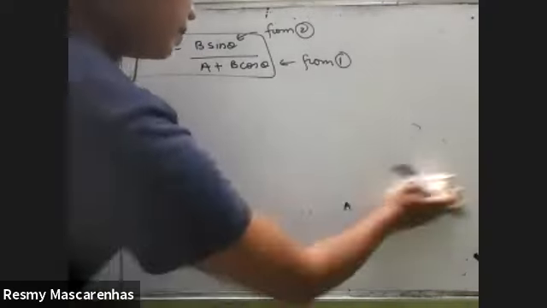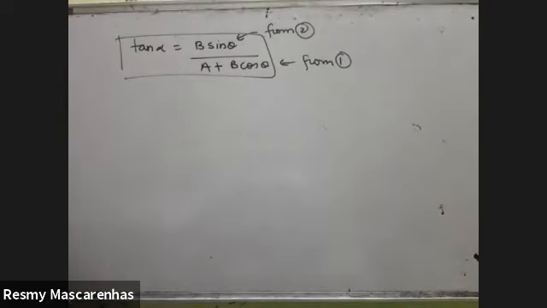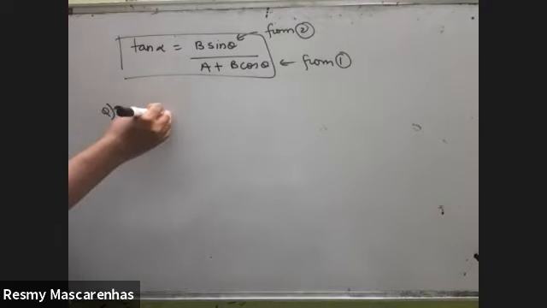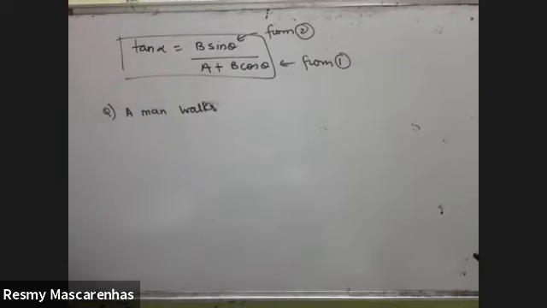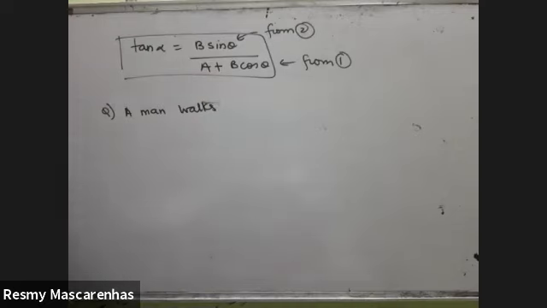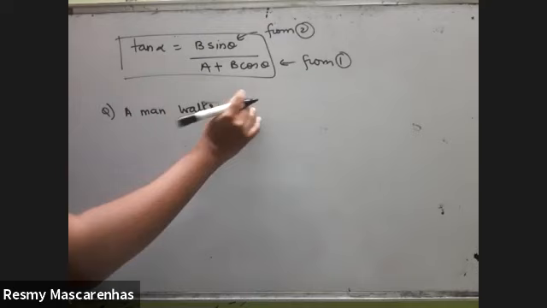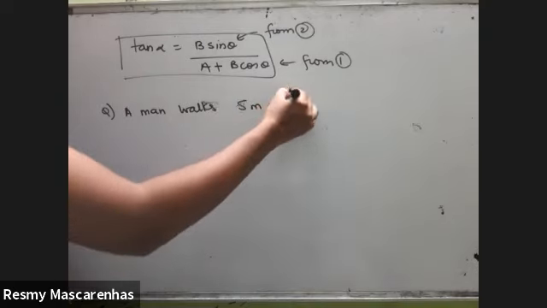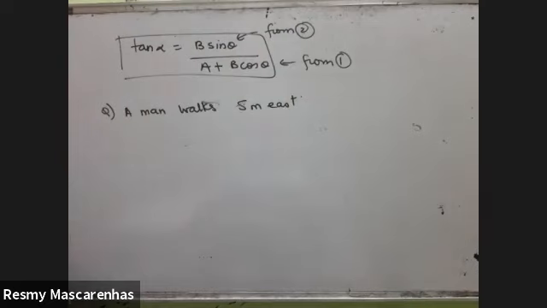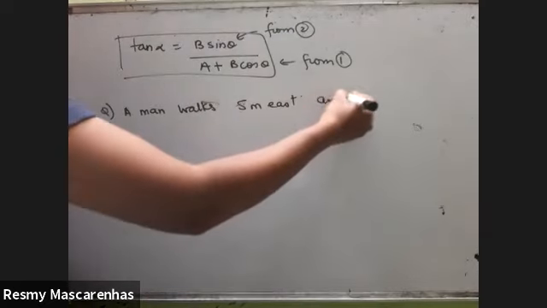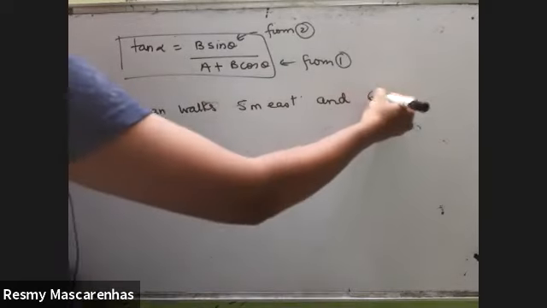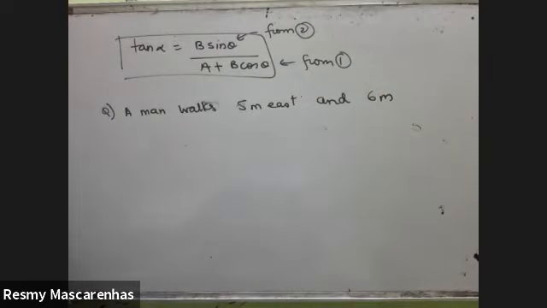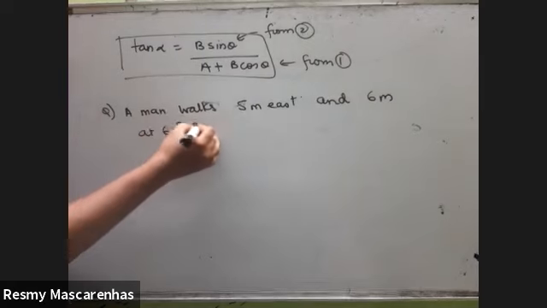You have a question now? A man walks 5 meters east and 6 meters at 60 degrees from east.